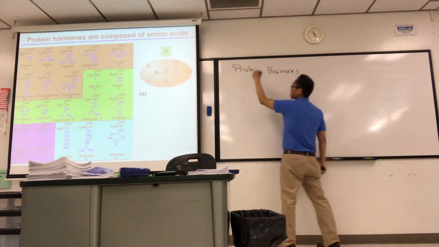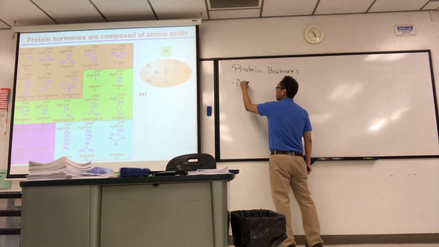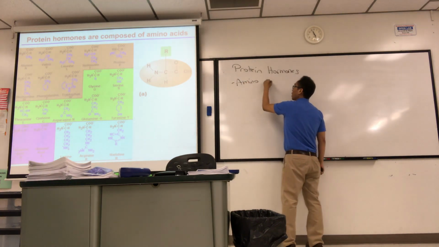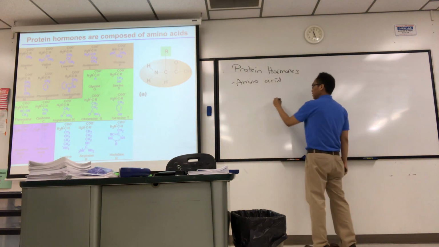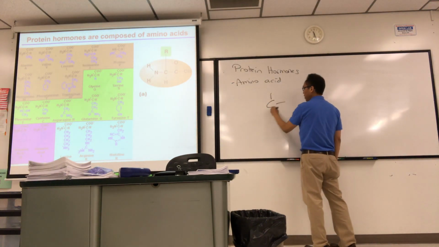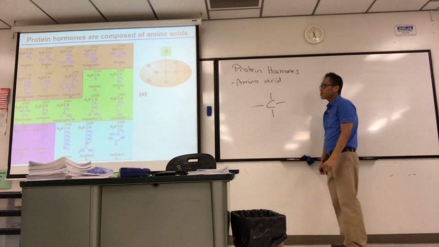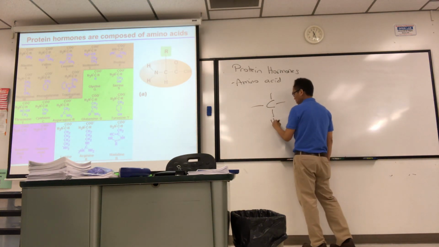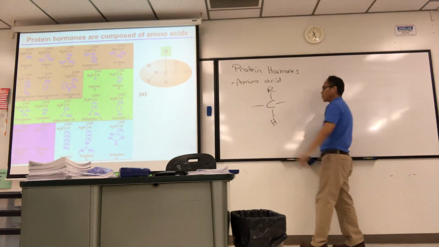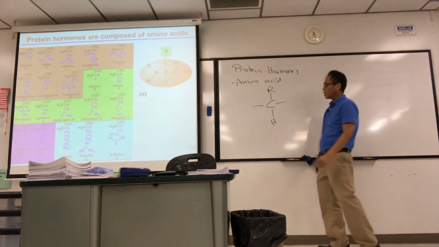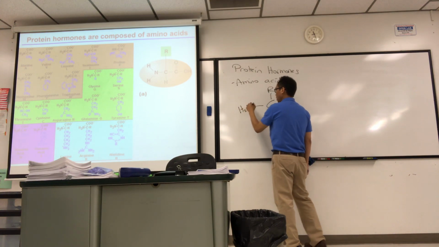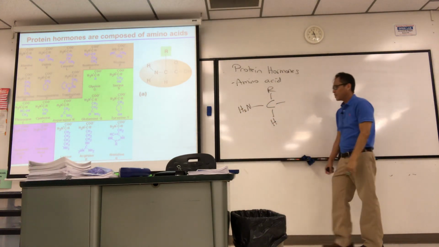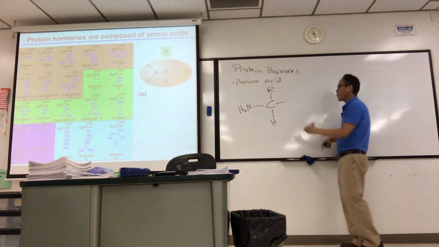Protein hormones, review: amino acid structure. Basically, you have a carbon surrounded at four positions by a hydrogen, an R group, which is also called the functional group, a nitrogen-containing amine group, and an acid.